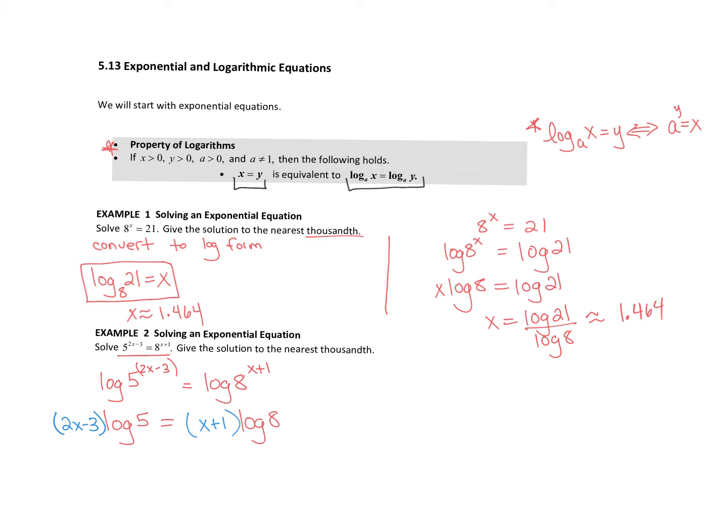Now at this point, since we're going to do this to the nearest thousandth, we could find decimal approximations of these and work with that, but we may run into a rounding error. So I don't want to change those to decimals until I absolutely have to. Keep in mind they are numbers, so we're just going to treat them like numbers and distribute.